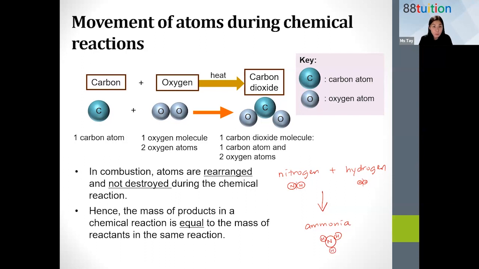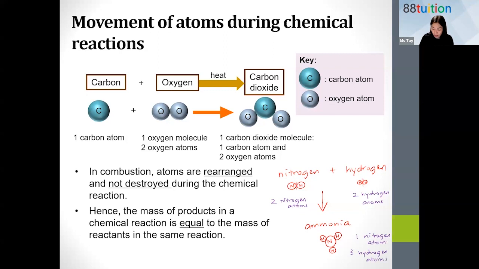So right now, you'll be thinking, how come when I start counting on the reactant side, I have two nitrogen atoms and two hydrogen atoms, but what is being produced in the reaction is one nitrogen atom and three hydrogen atoms?